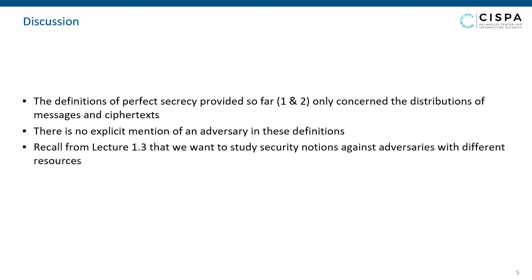Now recall from lecture 1.3 that we want to study security notions against adversaries with different resources. So we'd like to have a definition which might easily generalize to resource-limited adversaries. So what we're going to do now is we'll make the adversary explicit in a security definition.